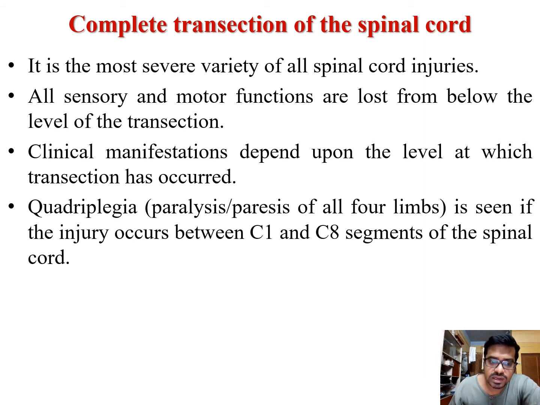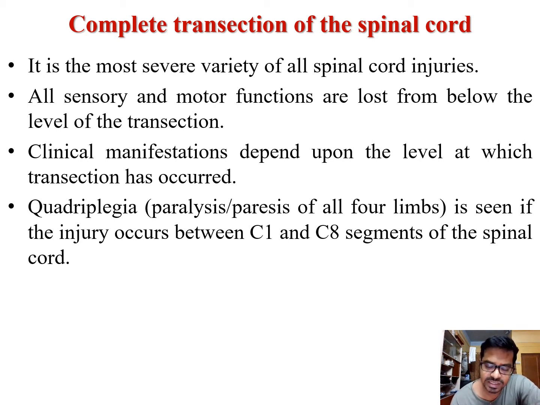Usually, quadriplegia or the paralysis of all four limbs. It could be complete paralysis or partial paralysis of the upper limbs with complete paralysis of lower limbs. It could be a wide variety of clinical settings depending upon which part of the spinal cord is transected.